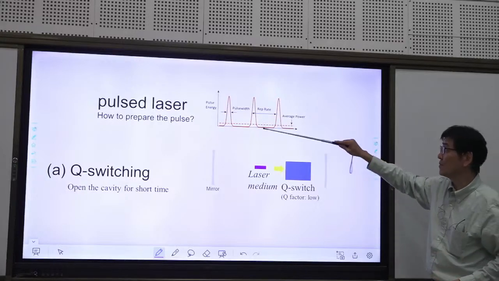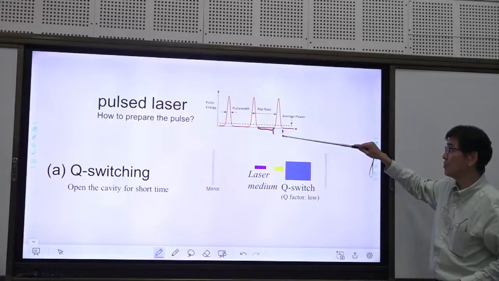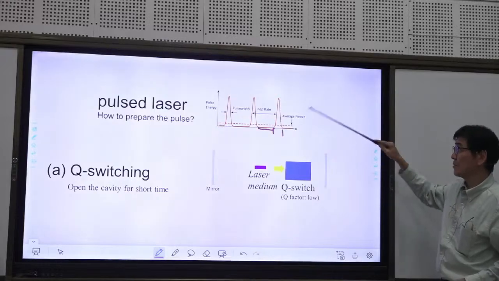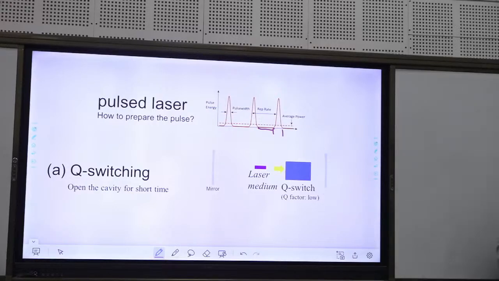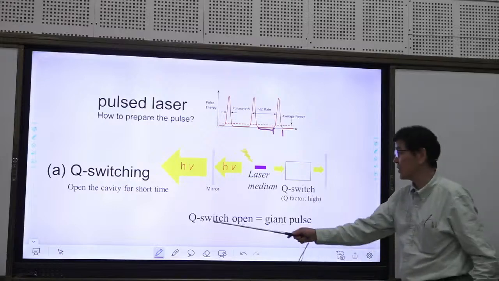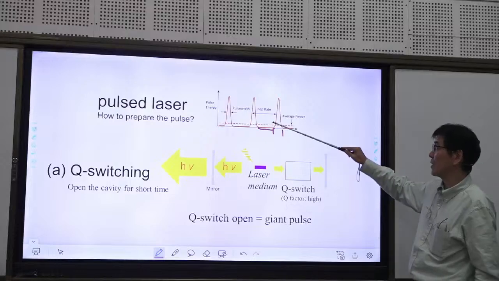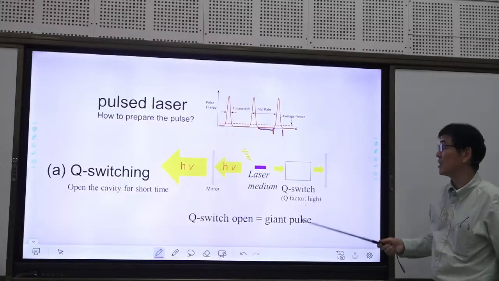Long time, the light does not come out. When the gate opens, light comes out. So this is Q switching. By opening the Q switch, we can get a giant pulse, large pulse signal.